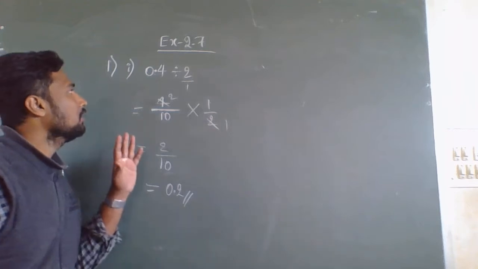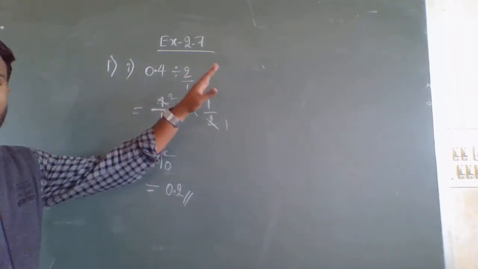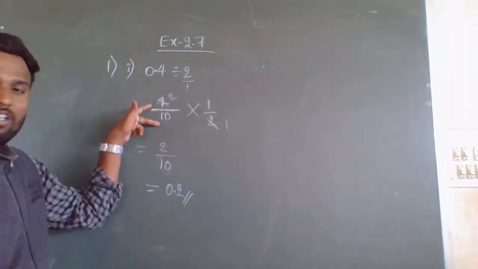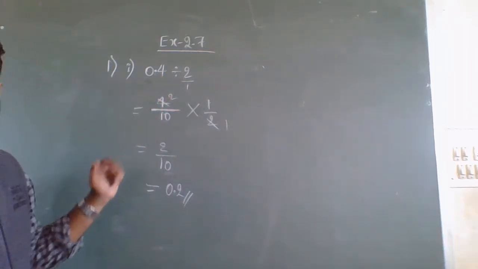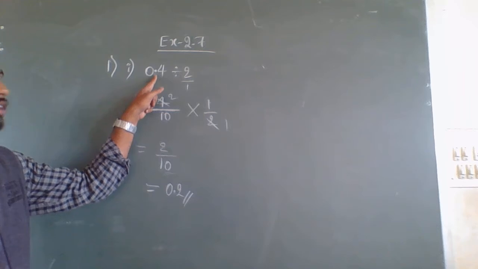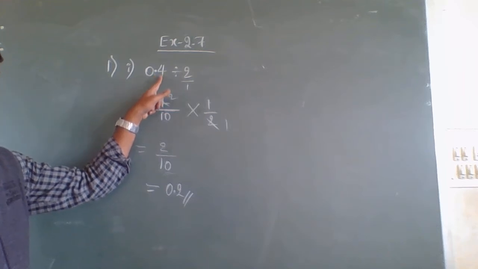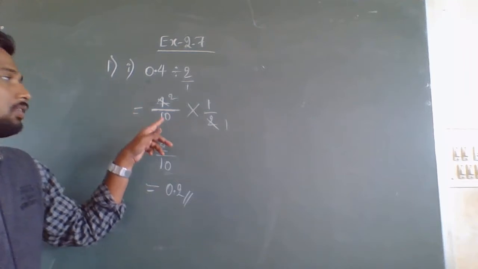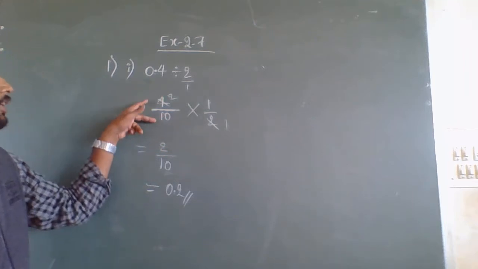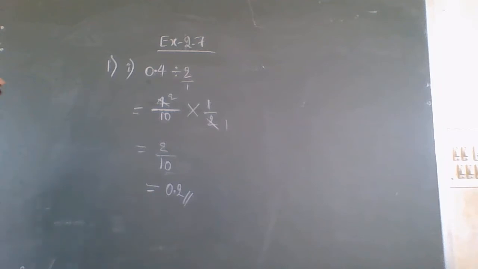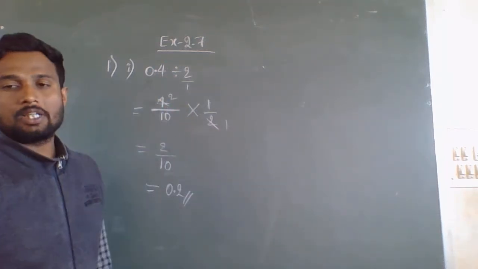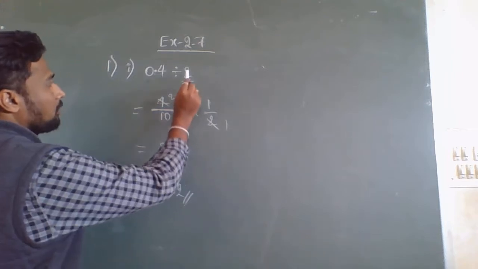See here again, they have given 0.4 divided by 2, means I can write this 0.4 as 4 divided by 10. How to write this? You can see here, after decimal point only one digit is there. So I will consider the number with only one zero. And here in the place of division I have written multiplication, means I have to write a reciprocal of 2.